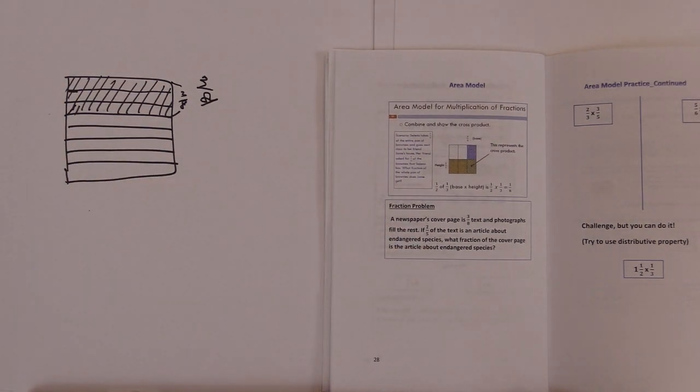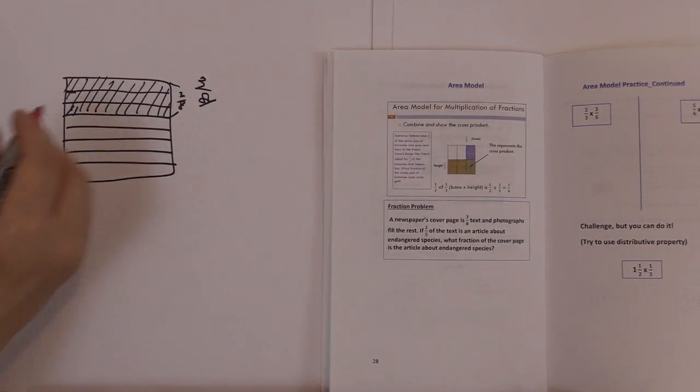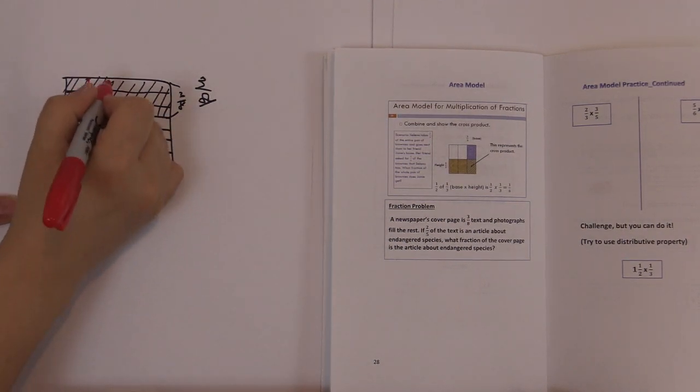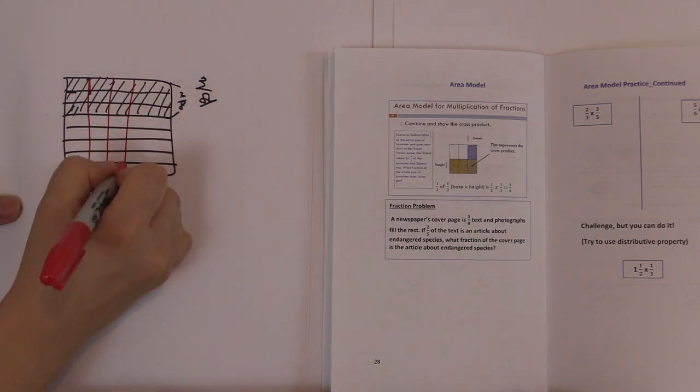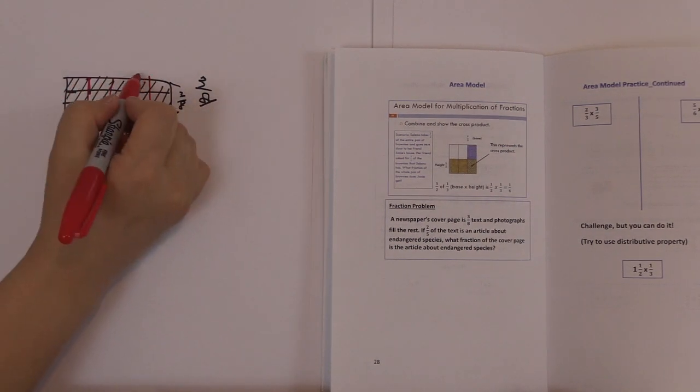And then this is the text, but among this text, 2/5 of the text is an article about endangered species. So this is the area in here. But among these, only 2/5 of them are talking about endangered species. So you can go 2/5. I'm gonna divide into fifths. 1, 2. Okay, so this is 2/5.